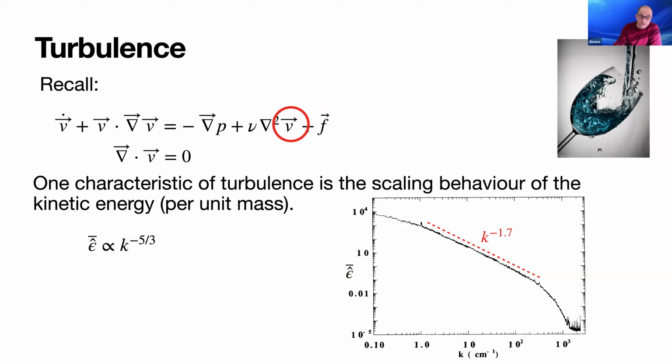So you can imagine that if you start from some initial state and you let the system evolve in time, if there's nothing that supplies energy to the system and it's infinite in extent, it'll just relax to some state where there's no velocity. So all the kinetic energy is going to be clumped at zero velocity. In order to get a configuration like this, which is time independent, we need to supply power to the system, and that power is supplied by this driving force. So we act on the system with some force, and that supplies energy to the system.